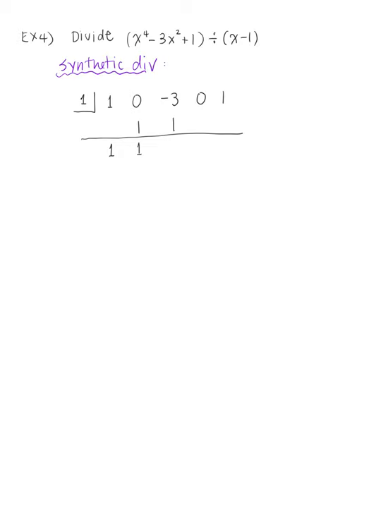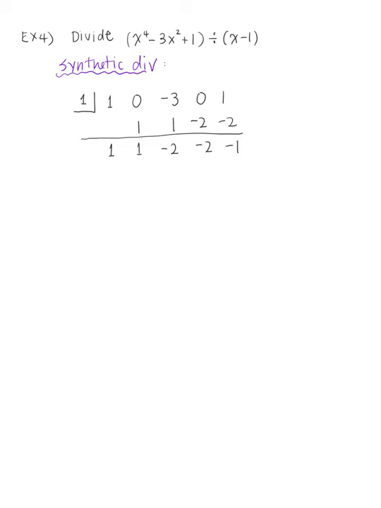So I'm going to write it as 1. And then you add vertically. So you're going to have negative 2. And then you go 1 times negative 2. That's going to give us negative 2. So I'm going to write that out. You add vertically to get a negative 2. And then lastly, you're going to go 1 times negative 2. So that's another negative 2. Add vertically, and then you're going to have negative 1.